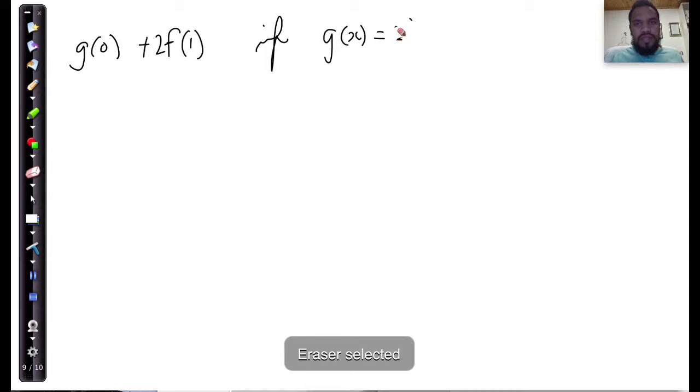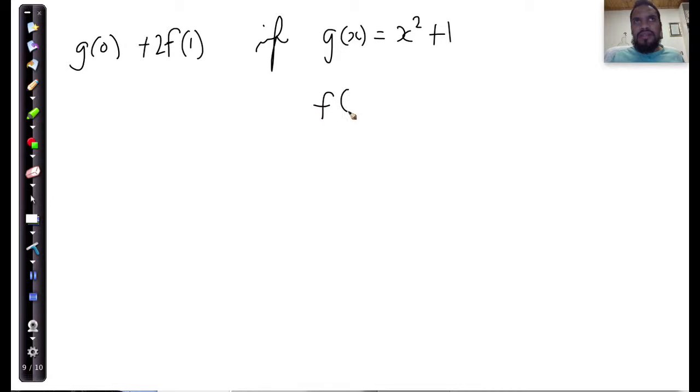Let's just erase that and do that part over. G of x is equal to x squared plus 1, and f of x is equal to 2x minus 1.